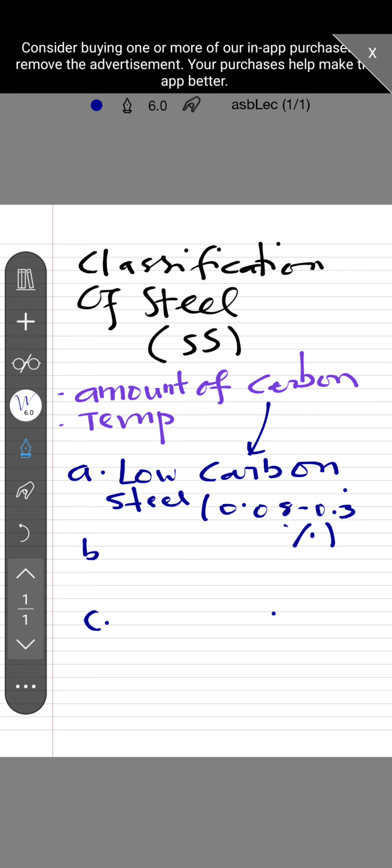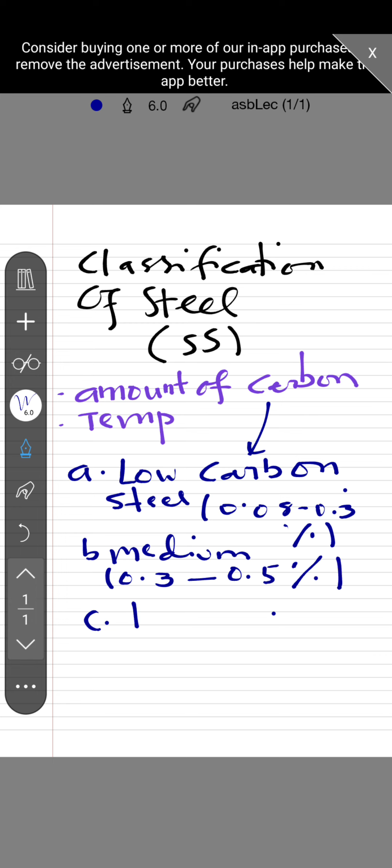The second is called medium carbon steel, where the concentration is between 0.3%, that is the end of low carbon steel, to 0.5%.